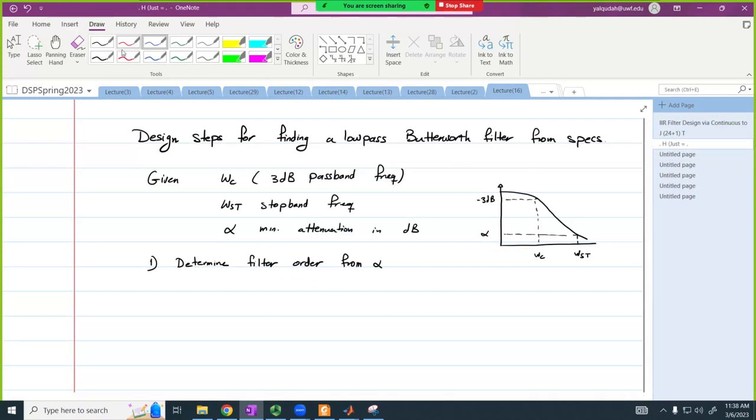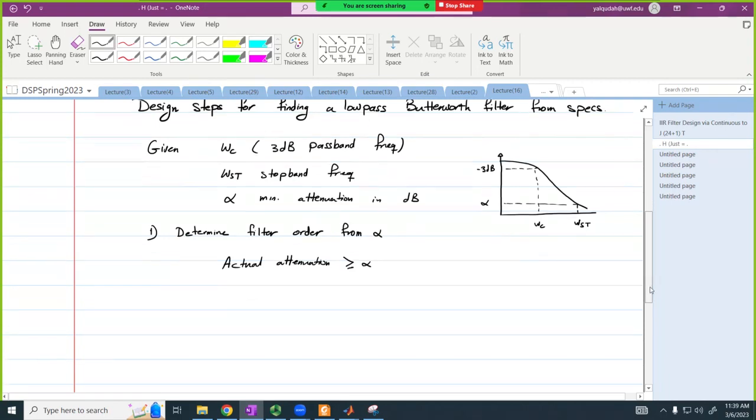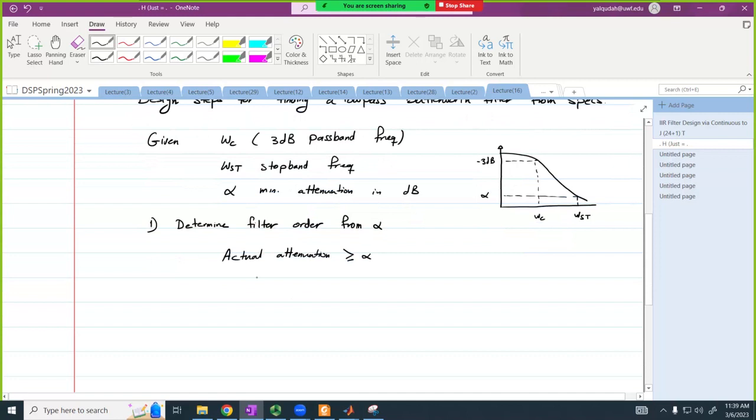Given that we want to determine the filter order, we're going to calculate the actual attenuation. And that actual attenuation, we want it to be greater than or equal to alpha. The actual attenuation of the filter is equal to negative 20 log10 of the magnitude of H(j omega stop).